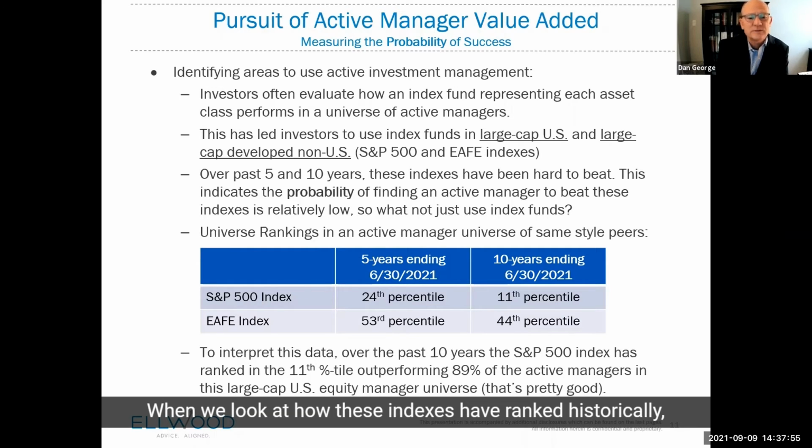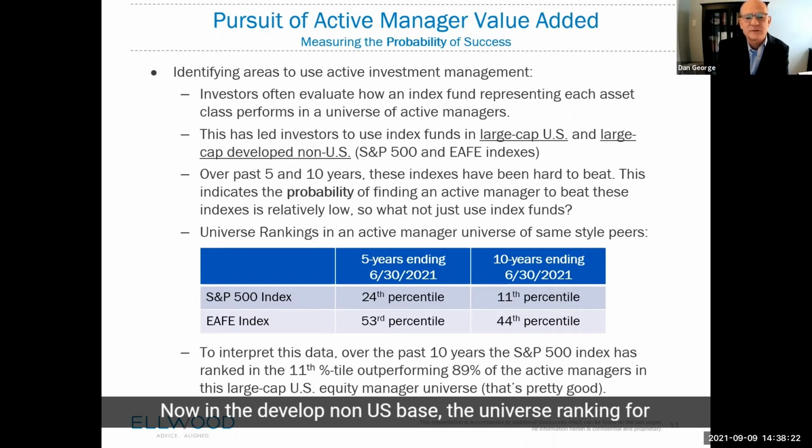When we look at how these indexes have ranked historically, we see that the S&P 500 has performed very strongly with an 11th percentile ranking over the past 10 years, again, in a universe of active managers, 10 years ending June 30th, 2021. The 5-year number is equally strong in terms of its ranking and pretty much indicates a safe bet to index in the large cap space.